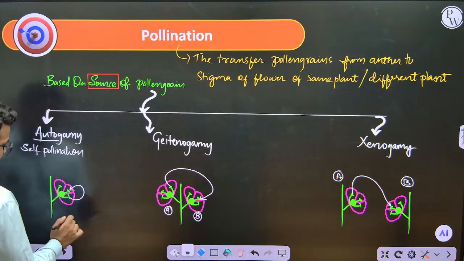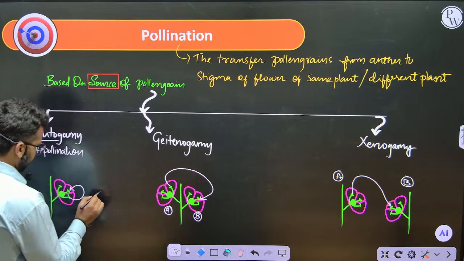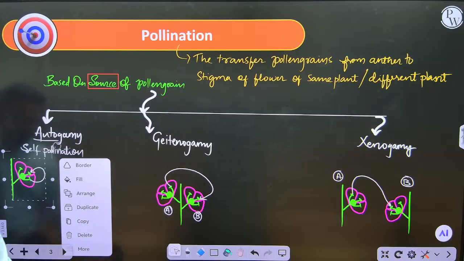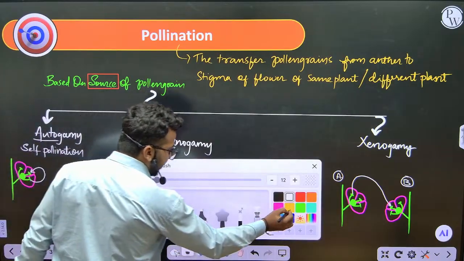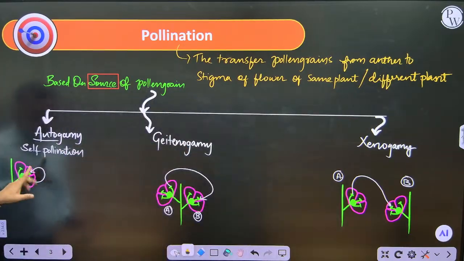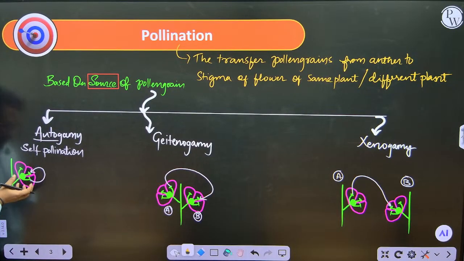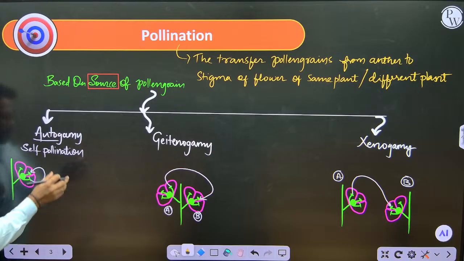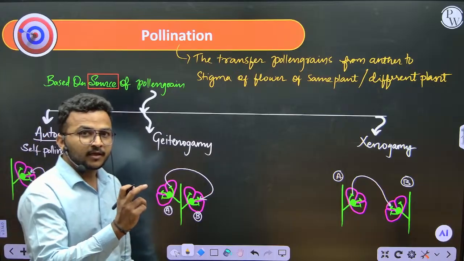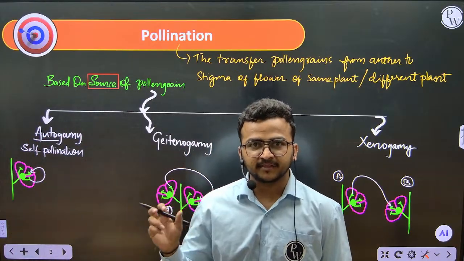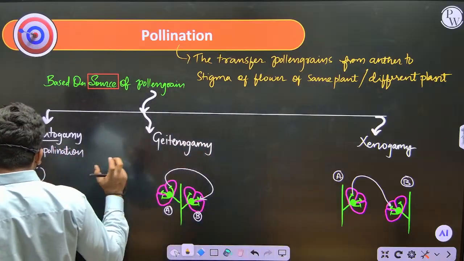So in case of self-pollination, what are the features required to undergo proper self-pollination? If the flower is there, if the pollen grains and stigma are there, that is not enough. Even autogamy is a rather rare condition.